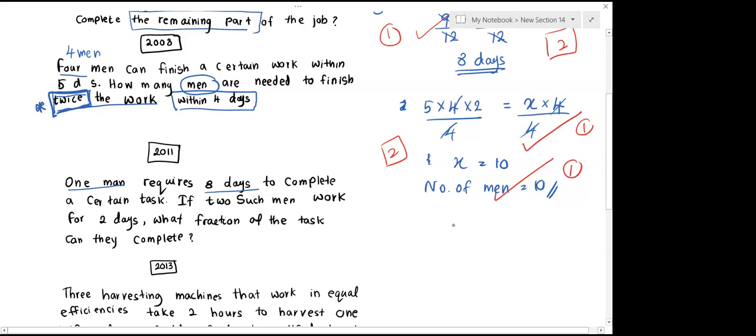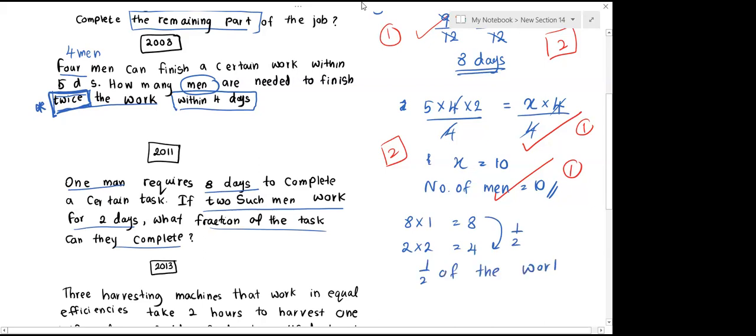Then 8 times 1 equals 8. If two such men work 2 days, then 2 times 2, it is 4. Then what fraction of the work have they completed? It is 1/2, no? Half of the work. Did you get this answer? Yes, teacher. Altogether 2 marks, okay?